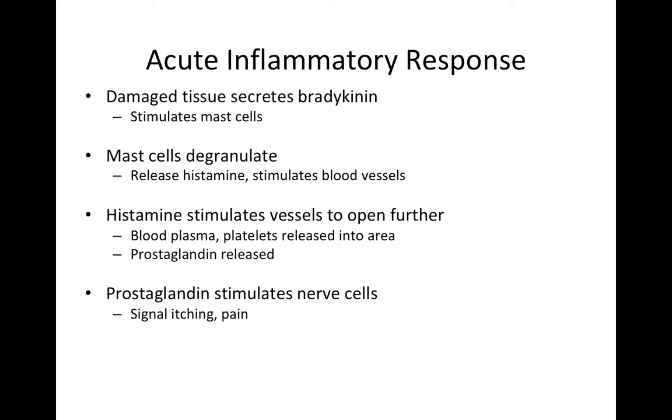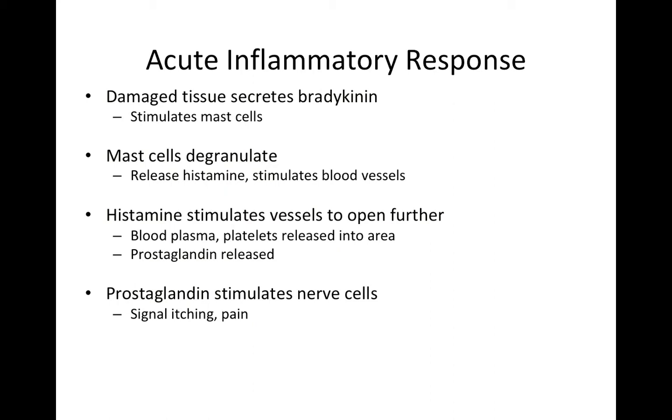So I'd like to now move to the molecular level about what happens during the acute inflammatory response. So when a splinter breaks through the skin, the tissue that had been damaged by the splinter coming in will secrete a molecule called bradykinin.